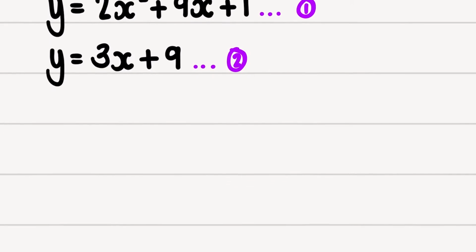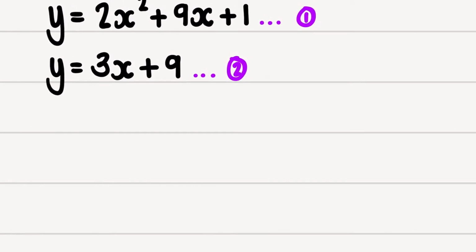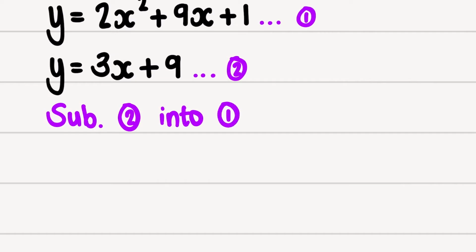So now what I'm going to do is substitute 2 into 1. That means that where I see the y in equation number 1, I'm going to substitute what y equals, which is 3x plus 9.